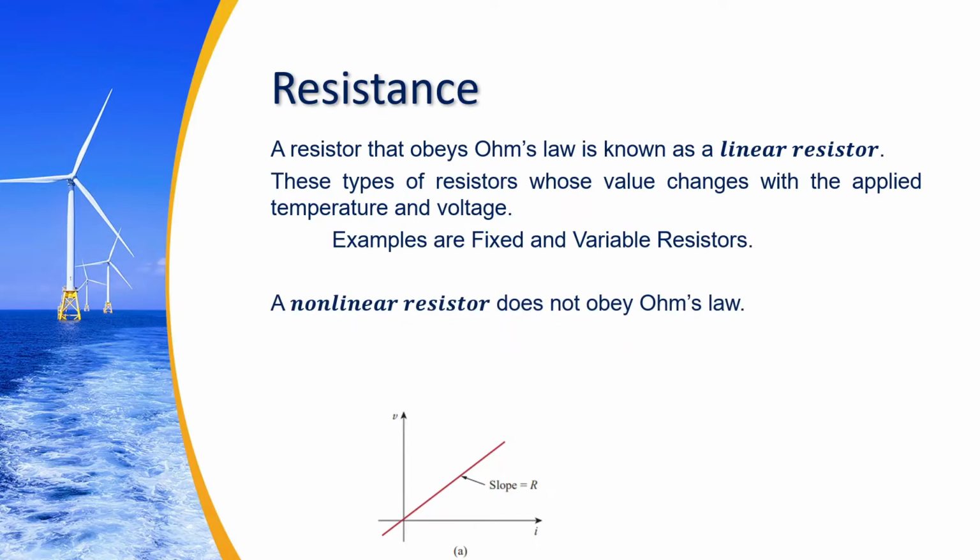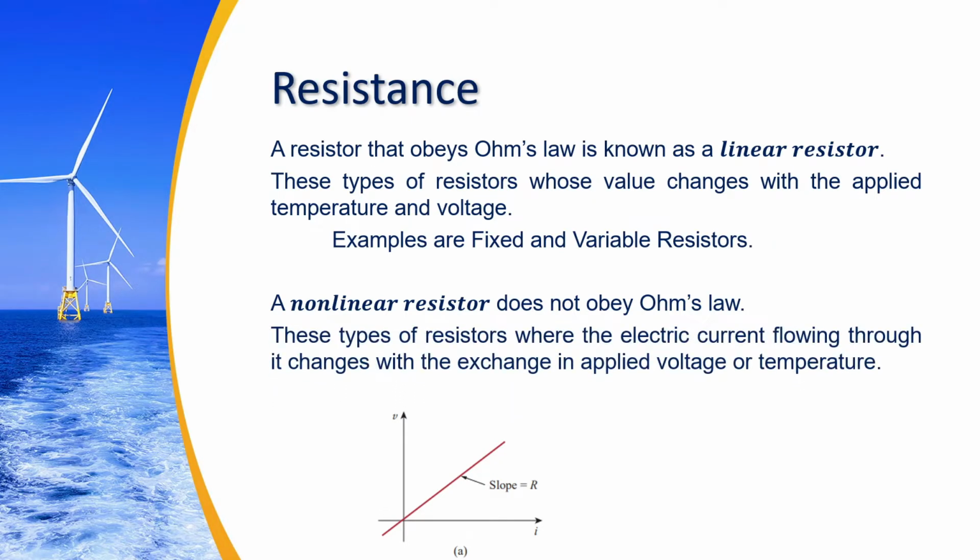So, ano naman yung non-linear resistor? A non-linear resistor does not obey Ohm's law. So, bakit siya hindi nag-obey Ohm's law? Kasi, these types of resistors are where the electric current flowing through it changes with the change in applied voltage or temperature. So, meaning, nakadepende siya. Okay?